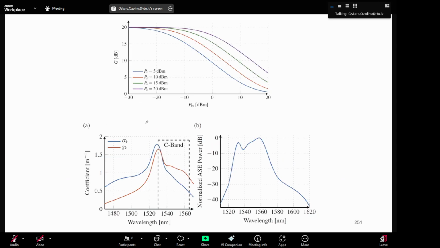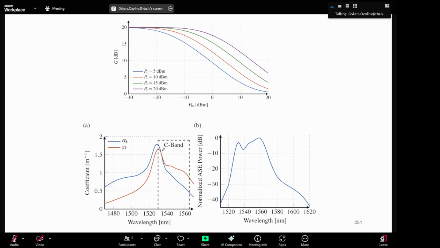Right, so there are just some visualizations that the gain of an EDFA also depends on the input signal. And this is for a specific amplifier. The gain varies for the amplifiers depending on the input signal power and output power.